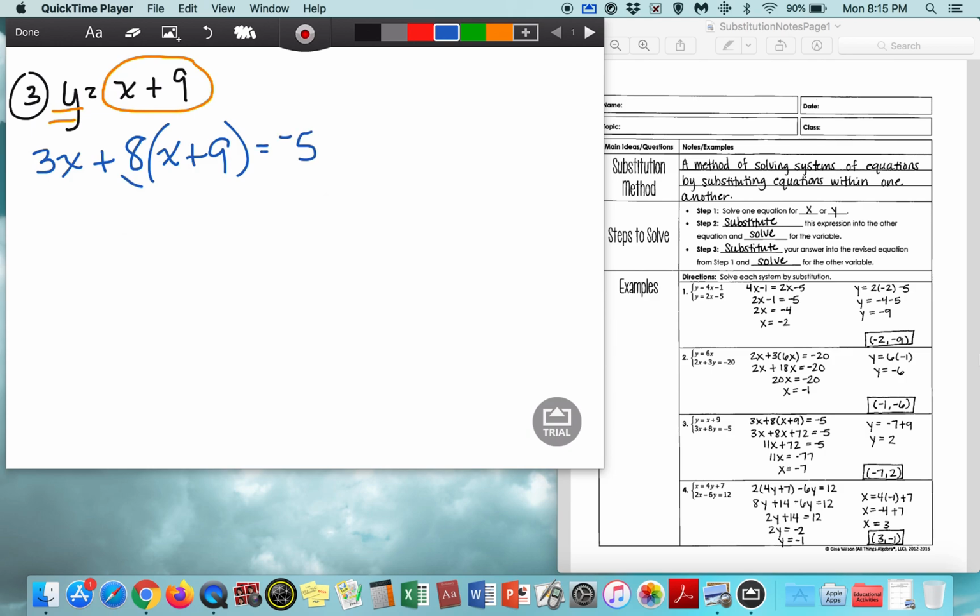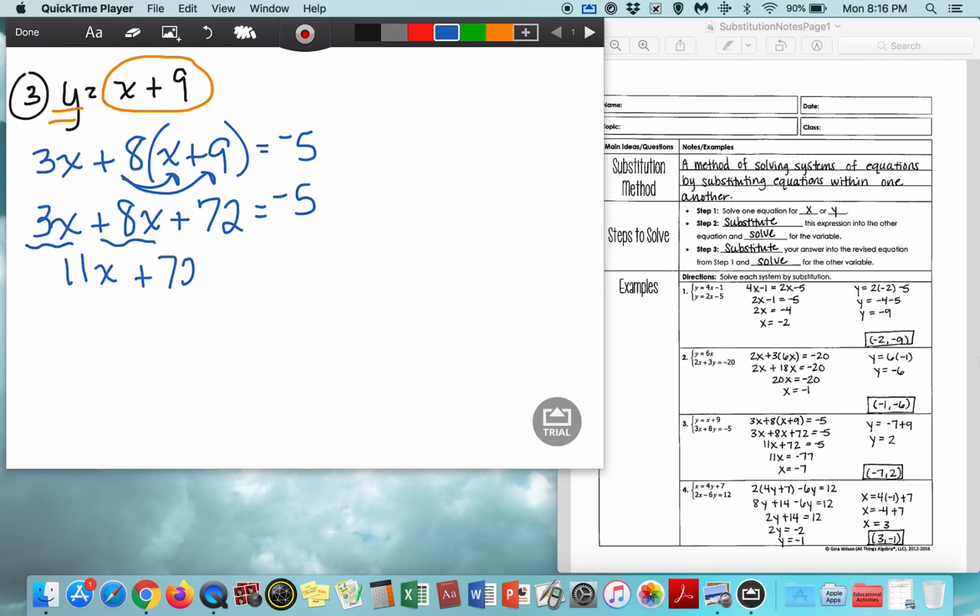For this one, we've got the distributive property going on: 8 times x and 8 times 9. Now I'm going to combine my like terms, and now I have a two-step equation.